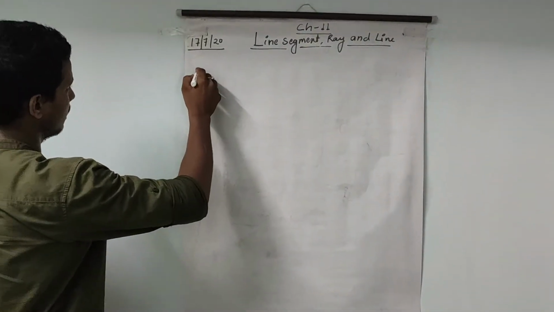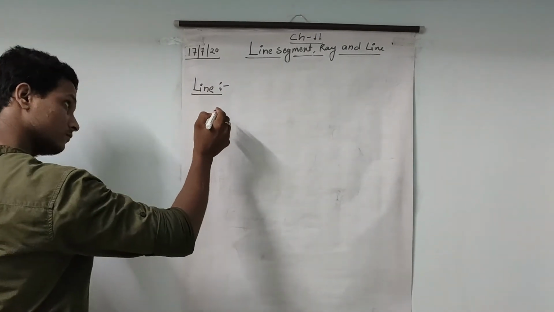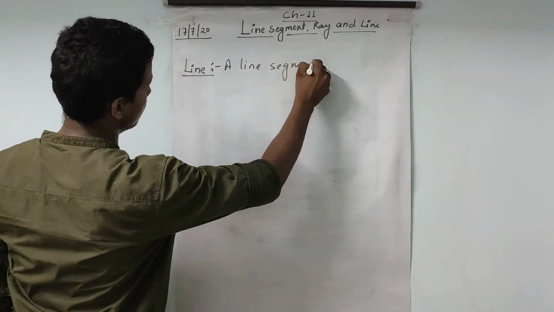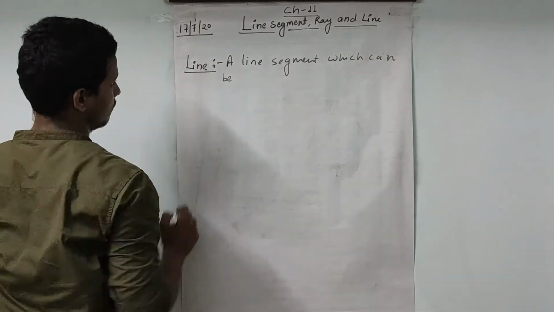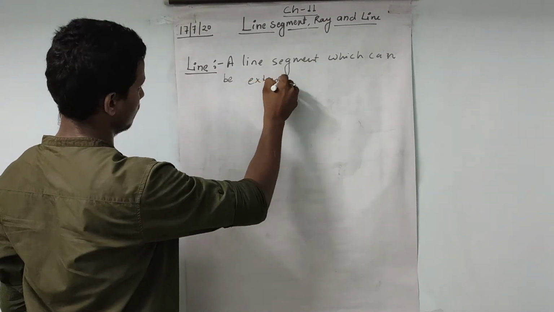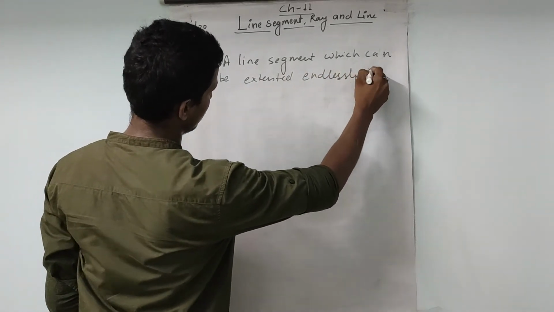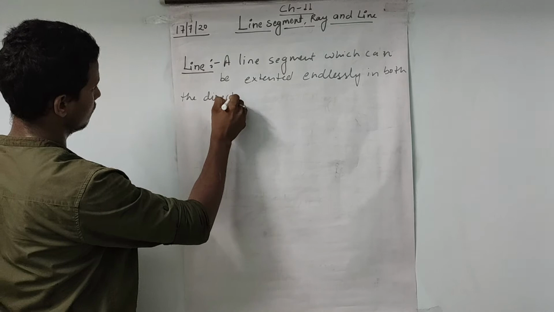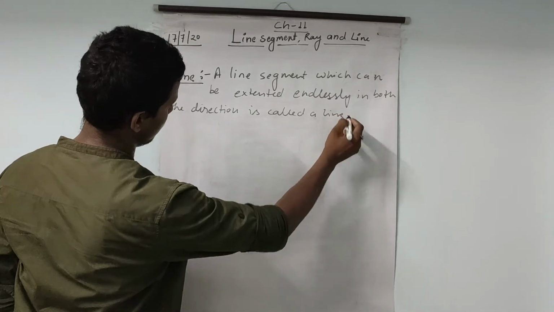Now the next thing we have is a line. A line segment which can be extended endlessly in both the directions is called a line.